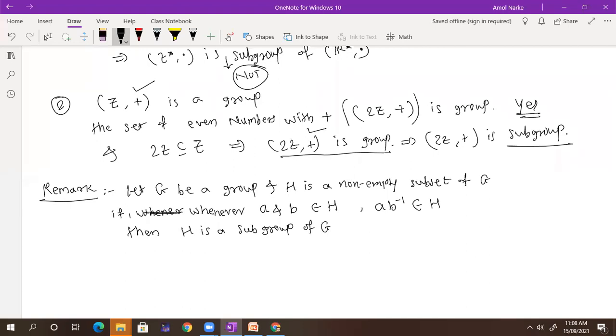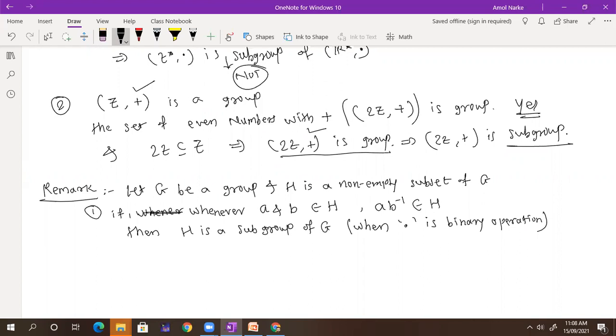This is when the product is the binary operation. Got it? So there is no need to check all the properties.